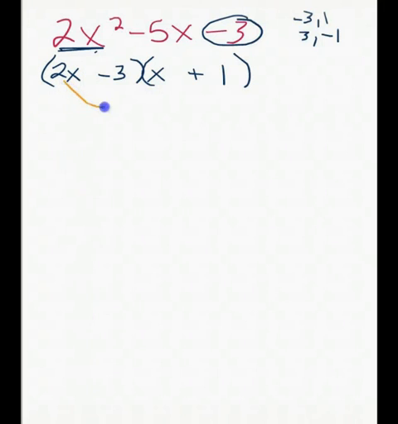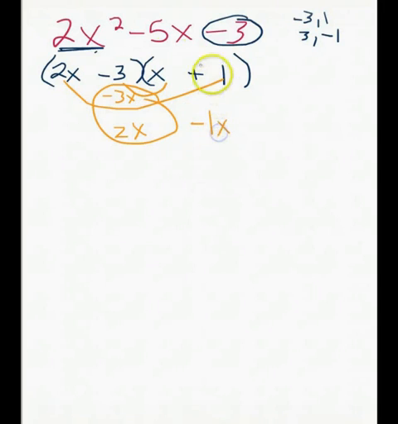If I multiply this 2x and this, I get negative 3x. If that adds together to give me negative 5, I'm good. But if you notice, this does not give me negative 5, it gives me negative 1x. So that's not the right combination. Let me erase this real quick. That first one didn't work out well.